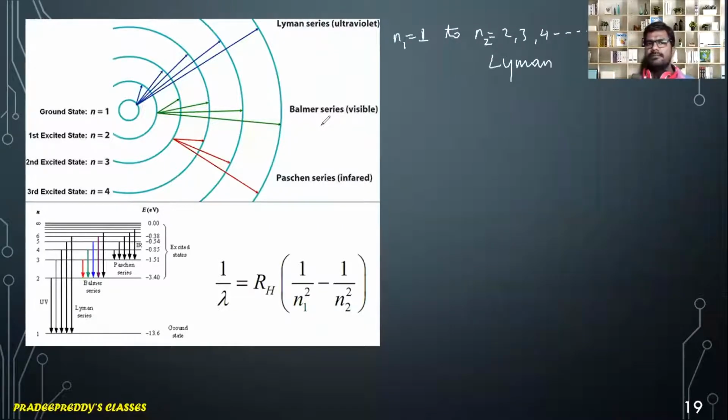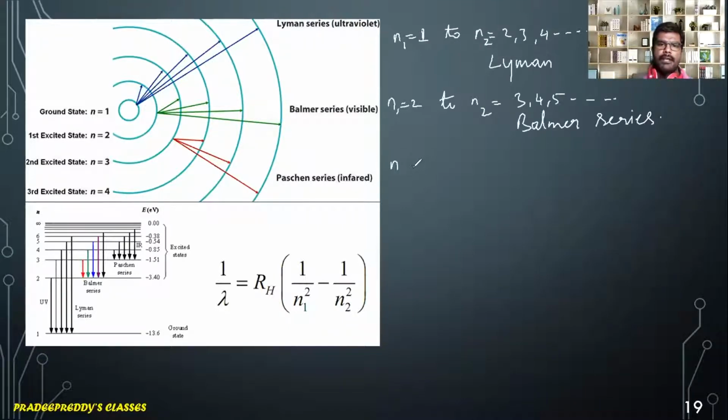So the electron takes energy and undergoes a transition from n equal to 1 to any other orbit, and we call it Lyman series. And next, n1 equal to 2 to n2 equal to 3, 4, 5, and so on is said to be Balmer series.